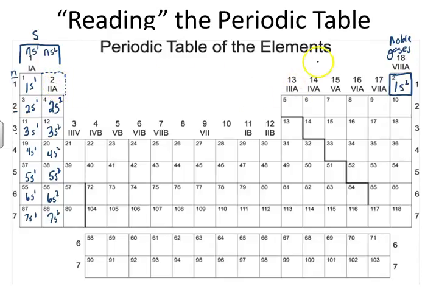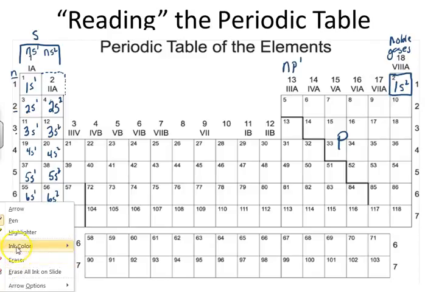If we come over to this side, with the exception of helium, this is the p block. These elements are going to end on the left with np1 over to np6, with the exception of helium.